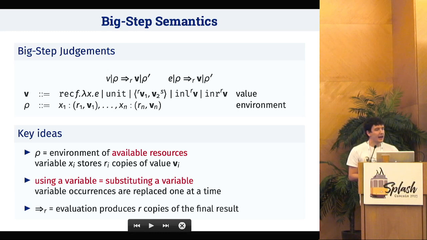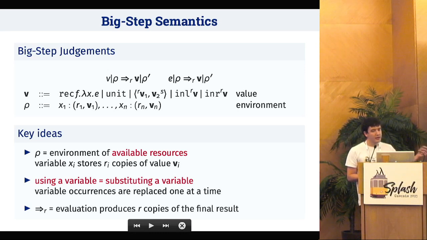The key idea is that we do not use simultaneous substitution during the evaluation, but rather we substitute variables one at a time. The intuition here is that using a variable means substituting it by its value. As we will see, when we replace a variable, we decrease its current amount by a certain quantity to track the fact that we are using it.